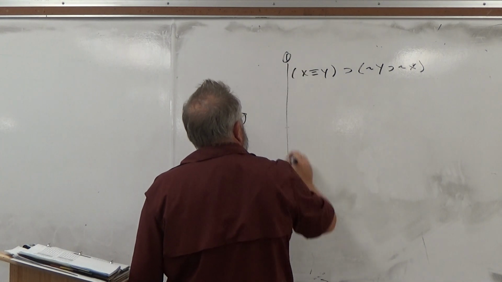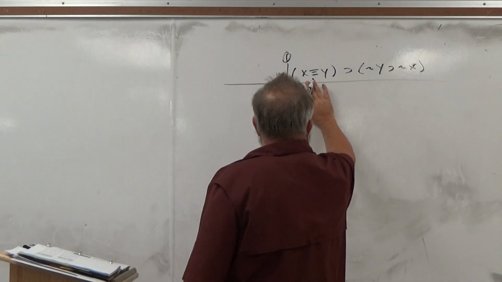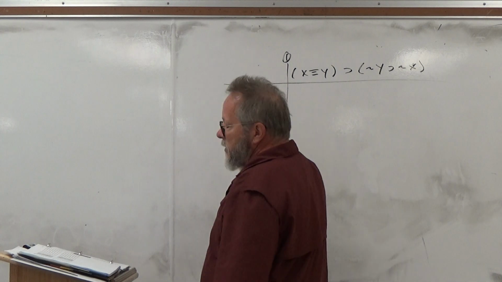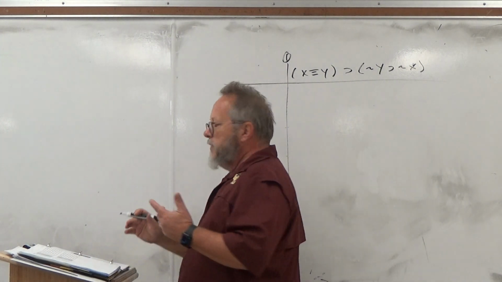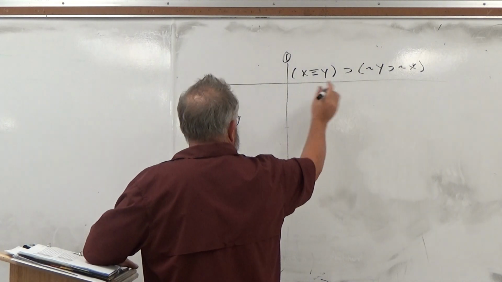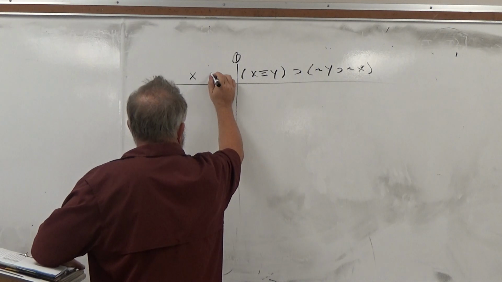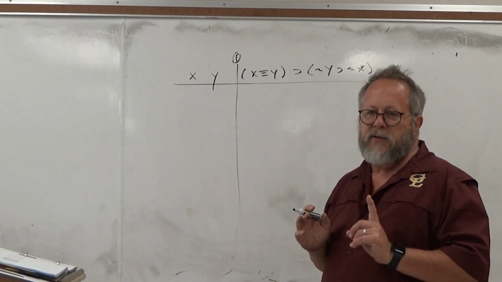So we got to figure out all the possible combinations of all of its statement constants. So our convention will be we list the statement constants in order, and there's only 2. There's x's and there's y's. We don't count not x's as a unique thing, okay? So we have x and y. We have 2 statement constants, okay?